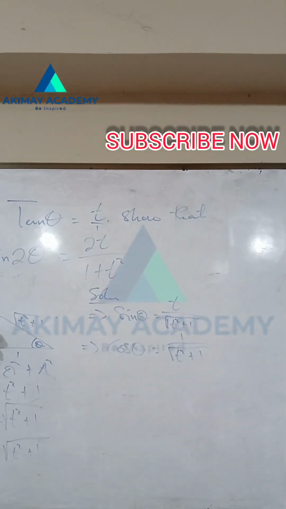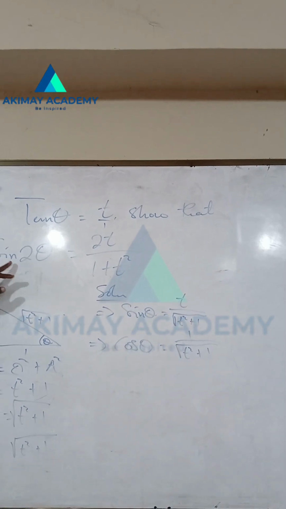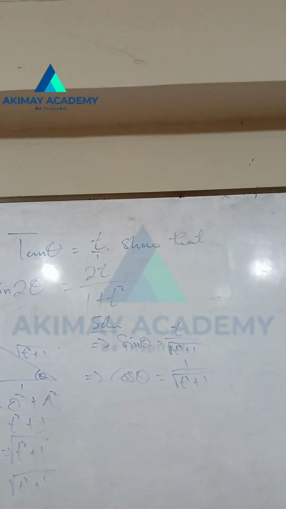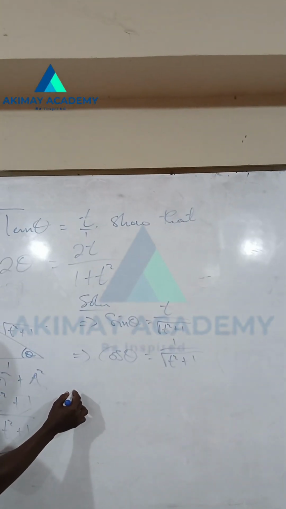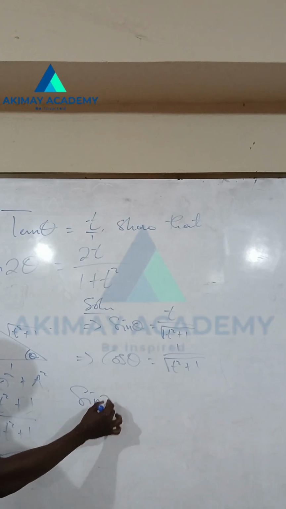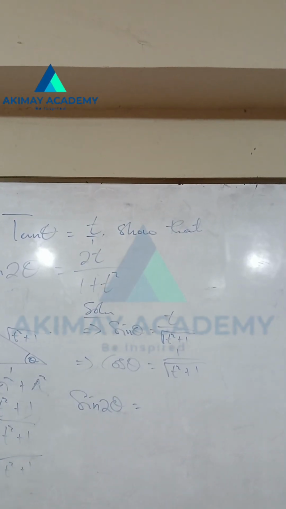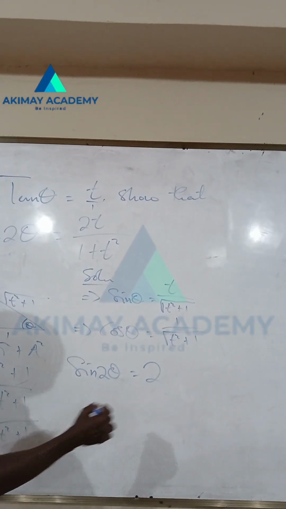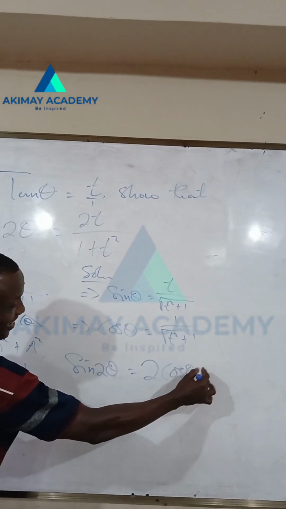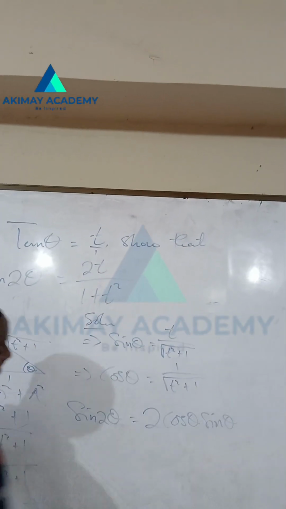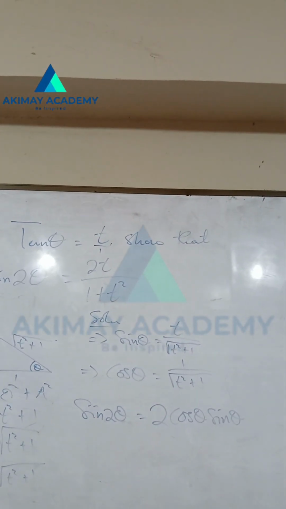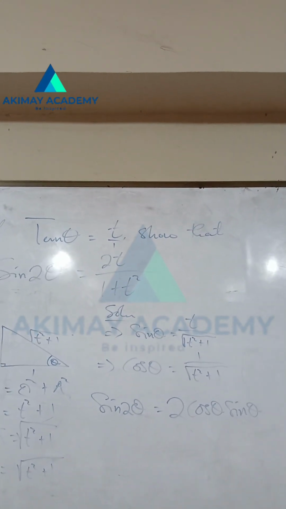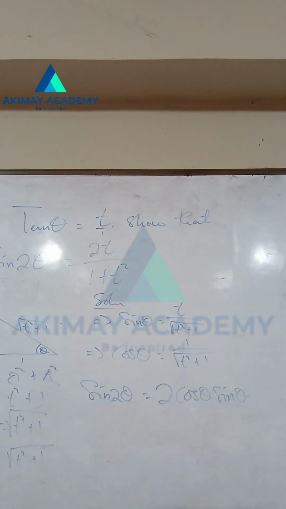Now, we said we should find sine 2 theta. With our double angles, we know that sine 2 theta equals what? Double angles: sine 2 theta equals 2 cos theta sine theta.